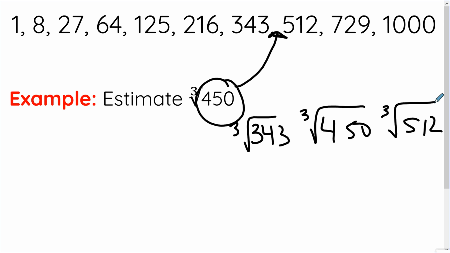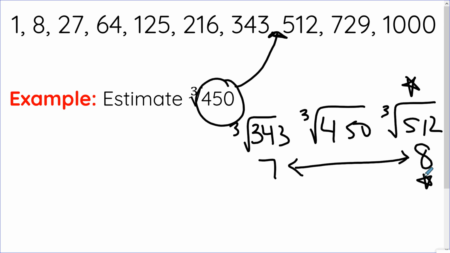So looking at this, I just want to see which one am I closer to. Is 450 closer to 343 or is 450 closer to 512? Well, it's definitely closer to 512. So that means that the cube root will be in between 7 and 8, but closer to 8.